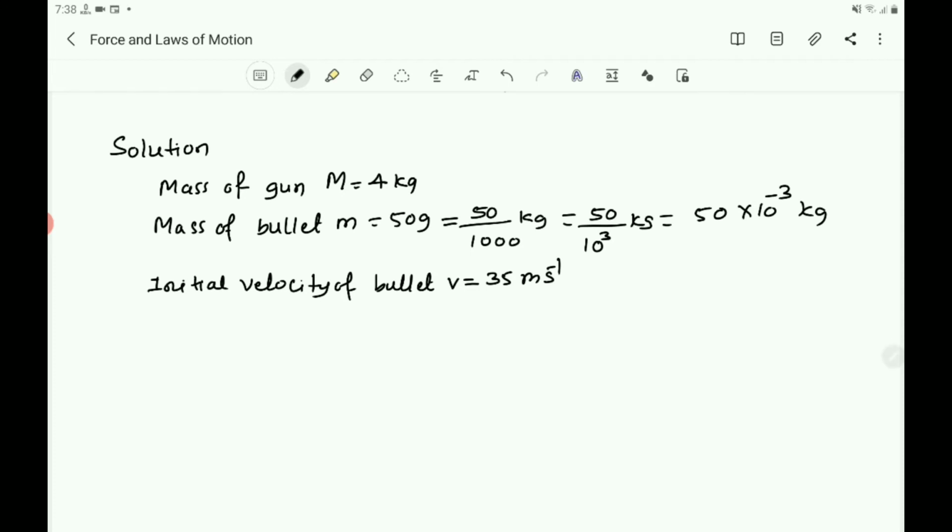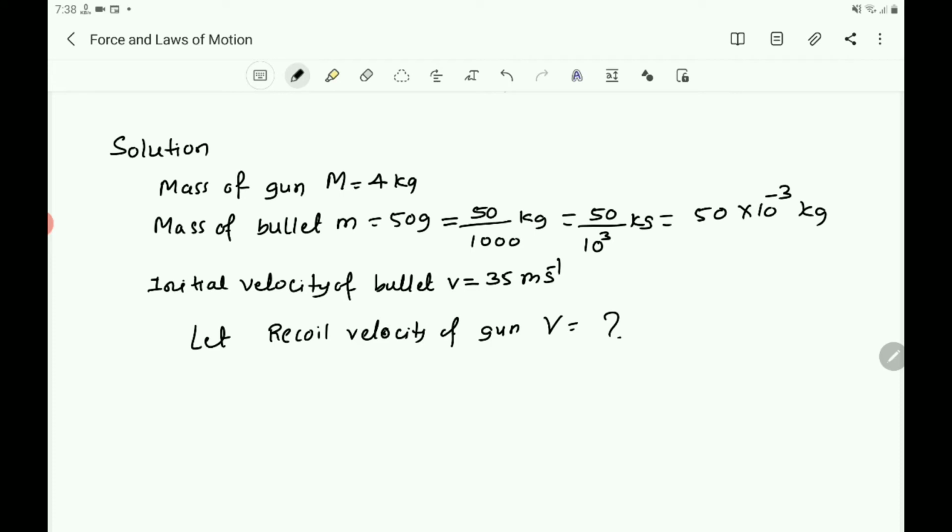So let the recoil velocity of the gun equal capital V equals question mark, that is after the firing.